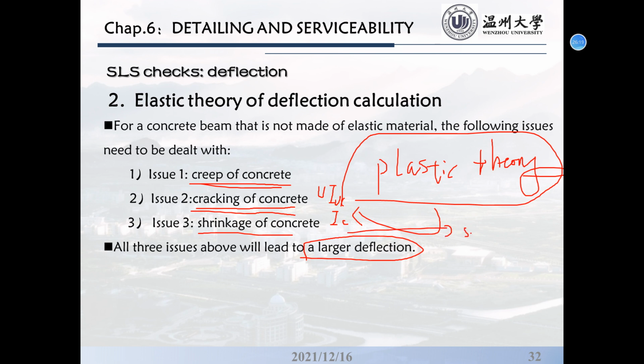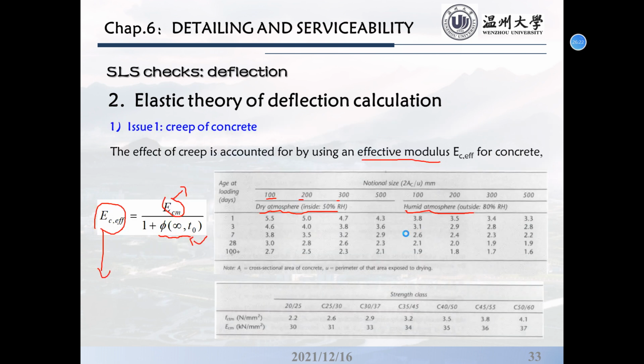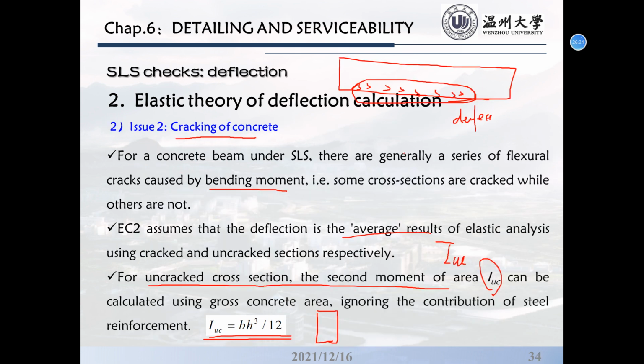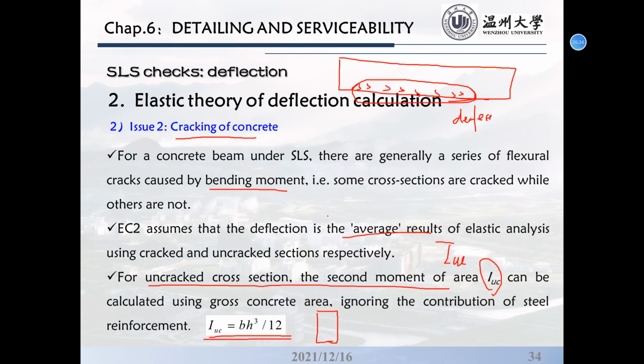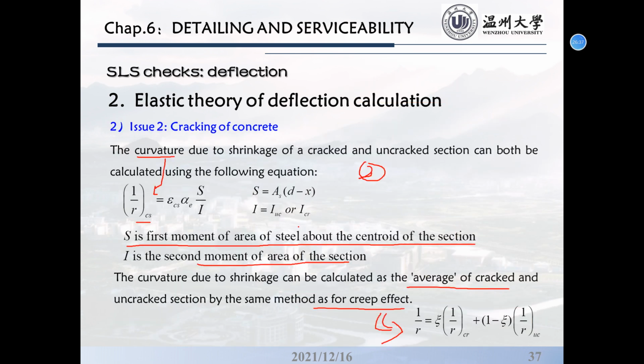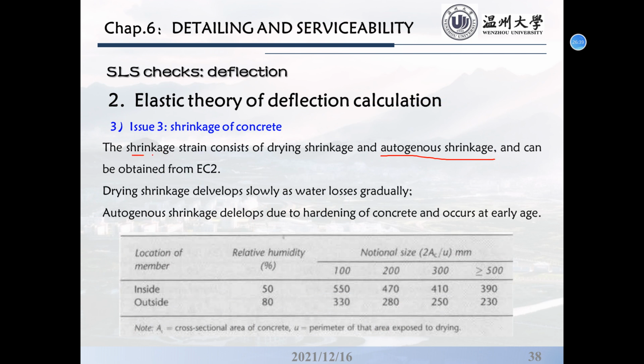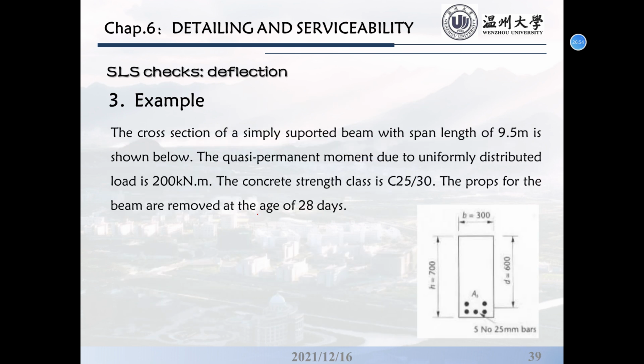For shrinkage, we use the equivalent method, using the curvatures, to calculate deflection. Shrinkage includes drying shrinkage and autogenous shrinkage. Drying develops slowly, water loss spreads, hardening of concrete at early age.